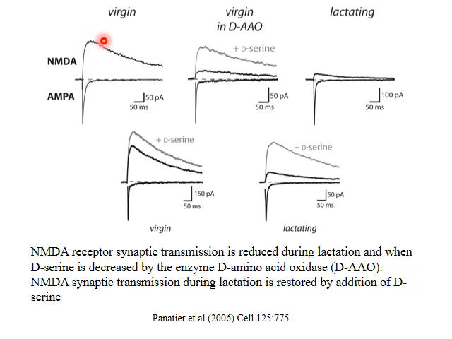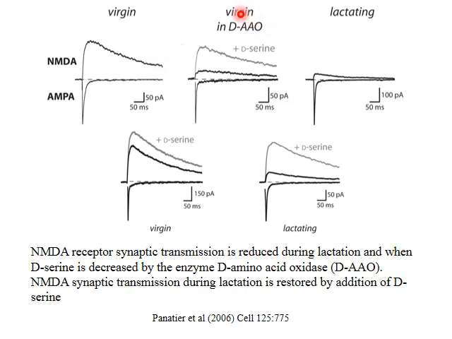For NMDA, the neuron was depolarized, but the important thing is that one can isolate and measure the separate components, the AMPA and NMDA components of synaptic transmission. So this is the magnitude of the two components in a virgin female animal.